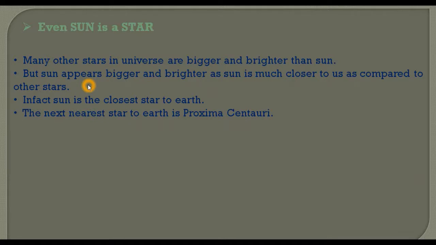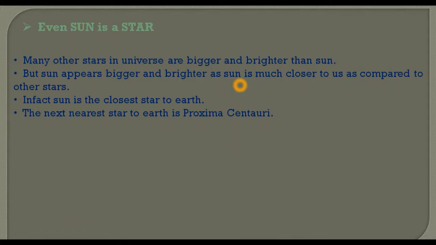And again, the same thing: many other stars in the universe are bigger and brighter than the sun, but the sun appears bigger and brighter as it is much closer to us as compared to the other stars. See, in reality, the sun is also a star, but we do not call the sun a star.